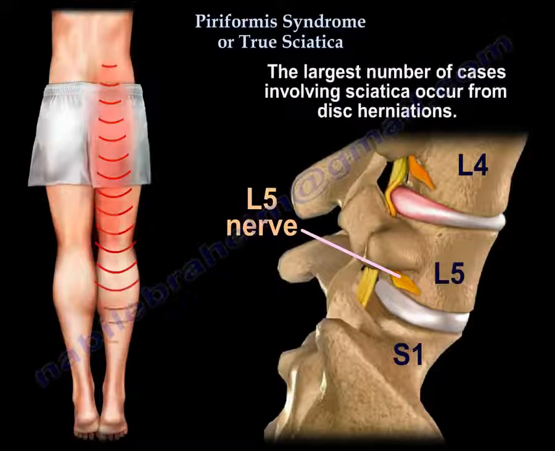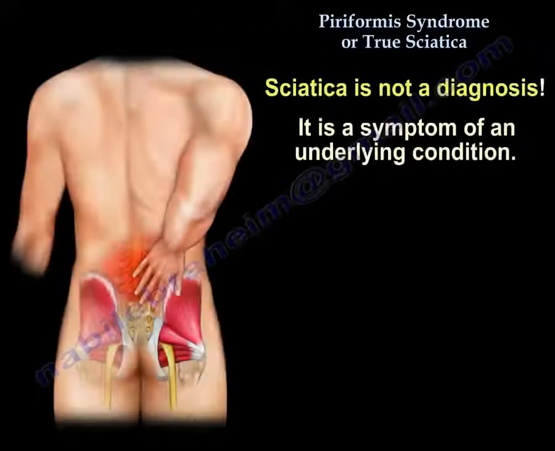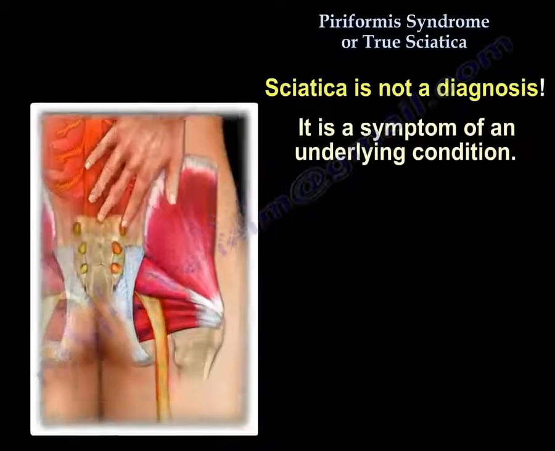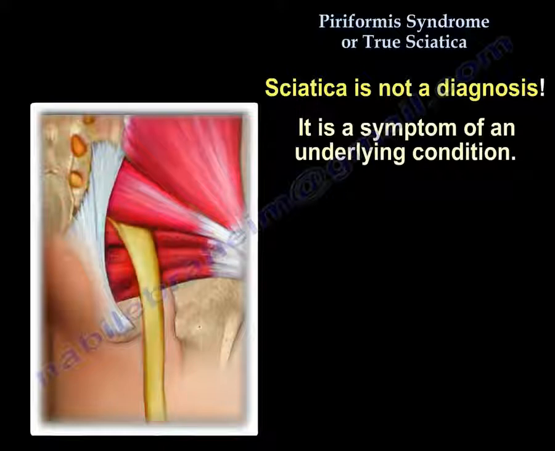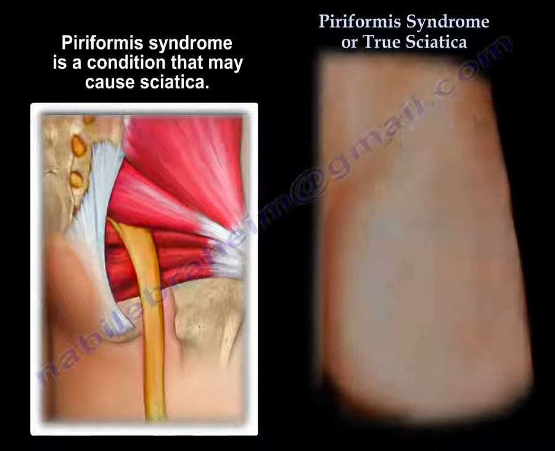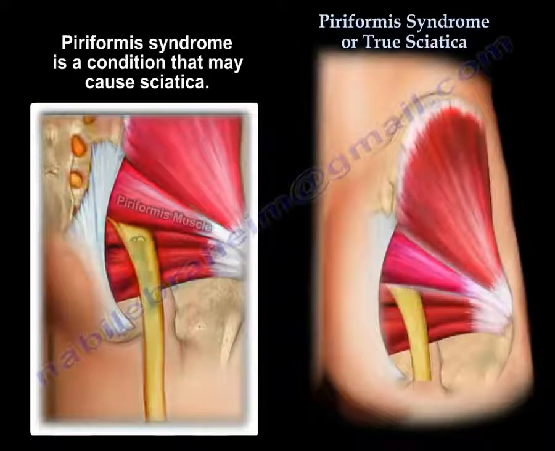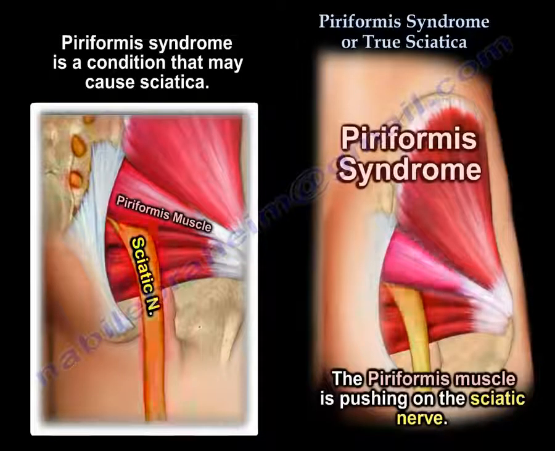The largest number of sciatica occurs from disc herniation. Sciatica is not a diagnosis. It is a symptom of an underlying condition. For example, in piriformis syndrome, you can have sciatica due to the piriformis muscle pushing on the nerve.